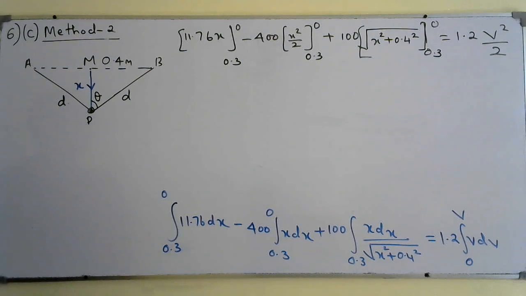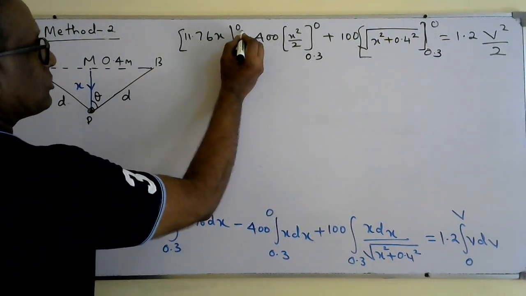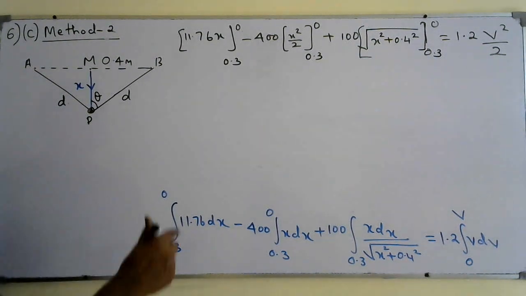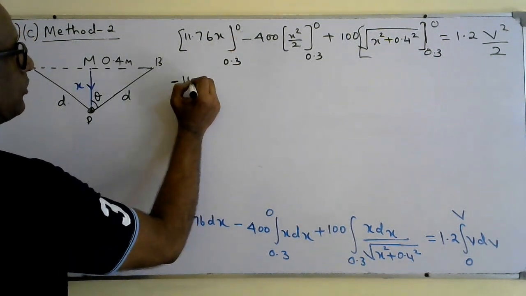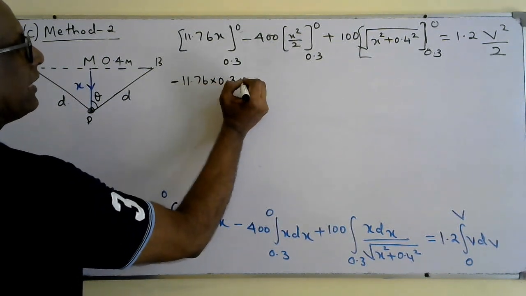Okay, so substitute. With 11.76x, if you substitute 0, it will become 0. So 11.76 into 0.3.